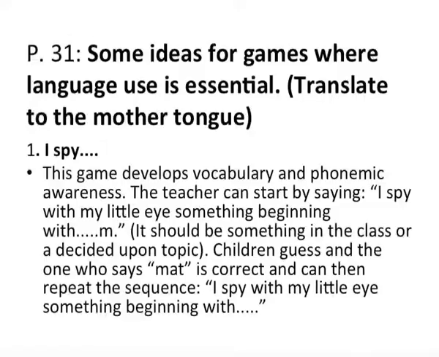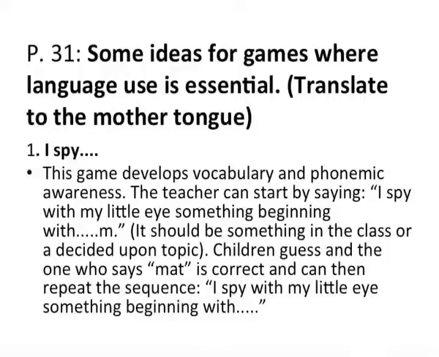Page 31, there are some ideas for games where language use is essential. Translate to the mother tongue if you want to. The game I Spy. This game develops vocabulary and phonemic awareness. The teacher can start by saying, I spy with my little eye something beginning with.